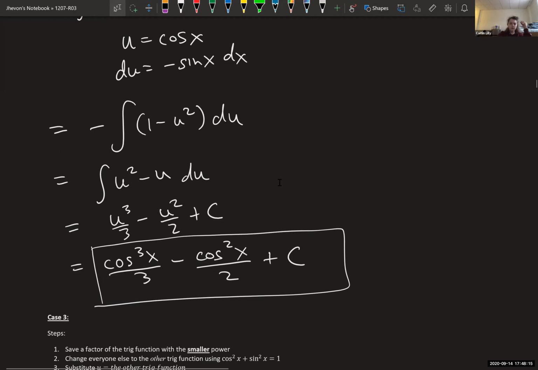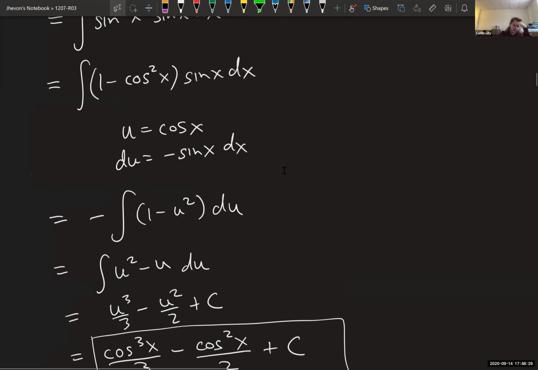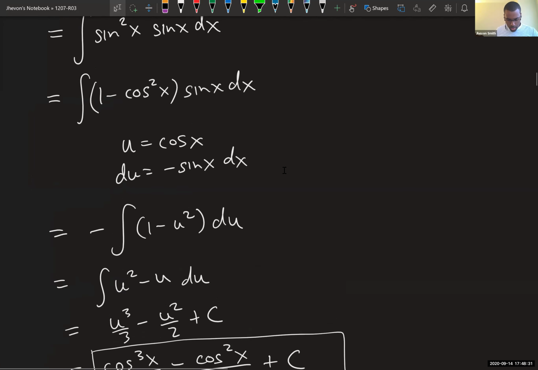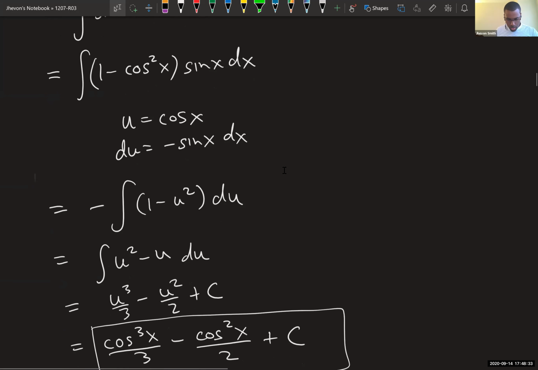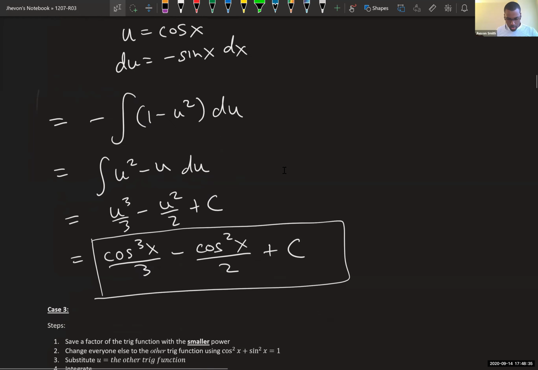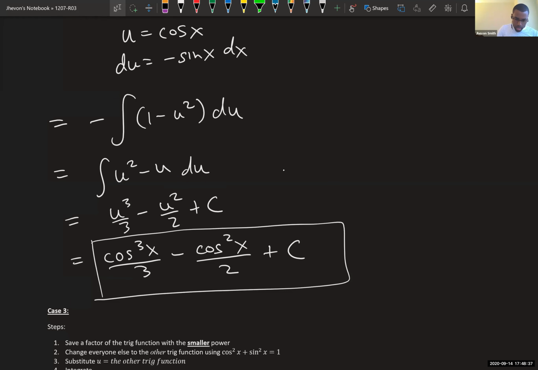How did you get the u squared minus u from the 1 minus u squared? How did I get what? How did you get the u squared minus u from the previous step? This is 1 minus u squared. Oh, that u should actually be a 1.